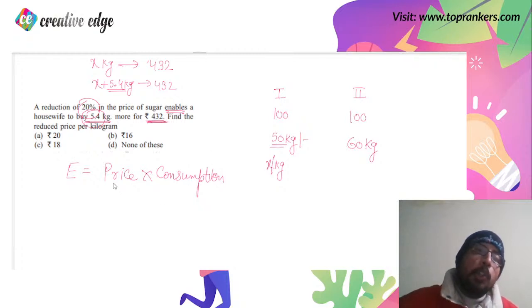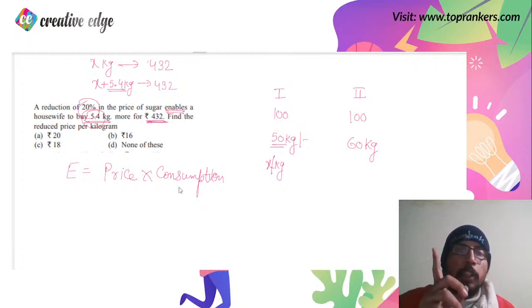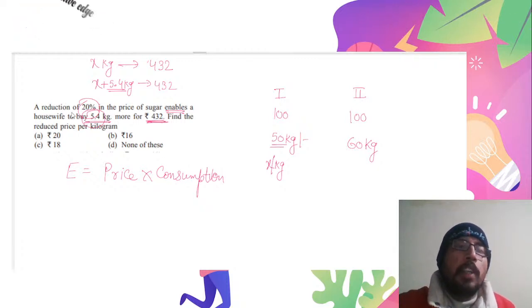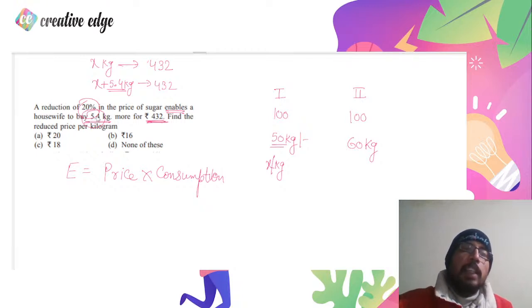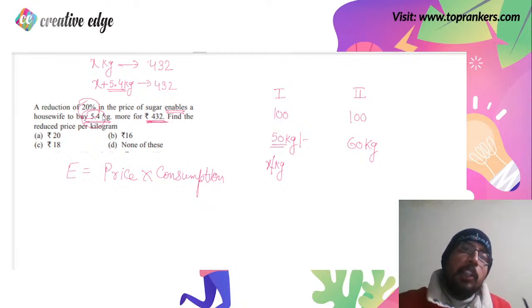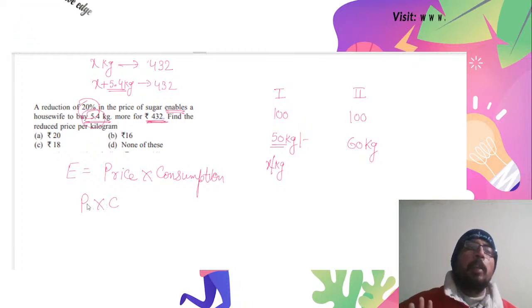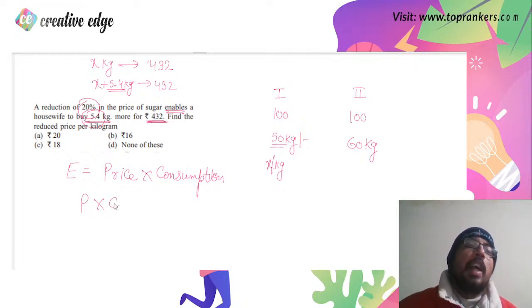Price is the cost of one article and consumption is the number of articles that you consume. Now we have two cases: one prior to the reduction and one after the reduction. Initially let us say the price was P and consumption was C.